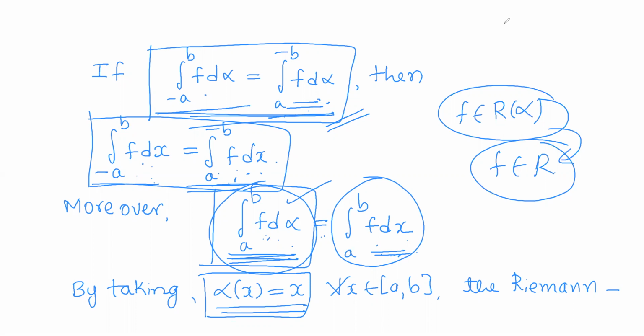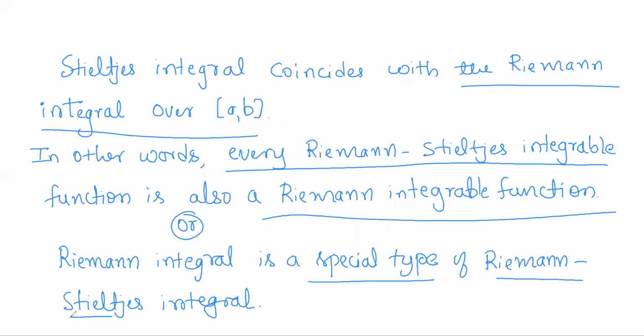So if you take a particular monotonically increasing function alpha, then the Riemann Stieltjes integral is nothing but the Riemann integral. That shows that the Riemann integral is a special type of Riemann Stieltjes integral, because you can obtain the Riemann integral from the Riemann Stieltjes integral by taking the monotonically increasing function alpha as the identity function. In the Riemann Stieltjes integral, alpha could be any monotonically increasing function.